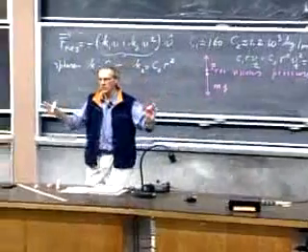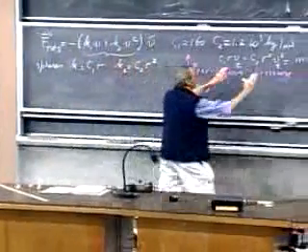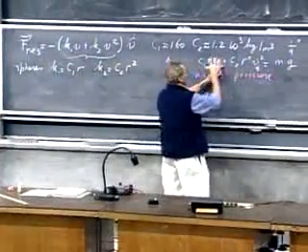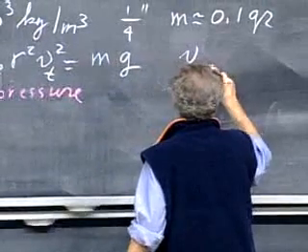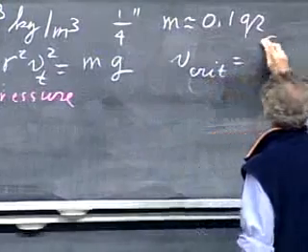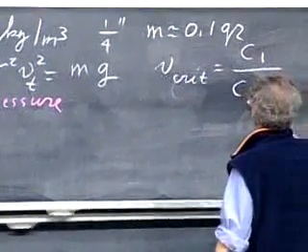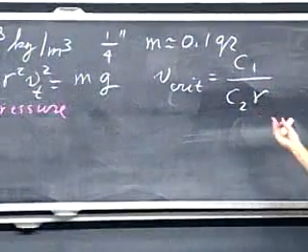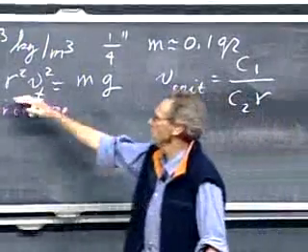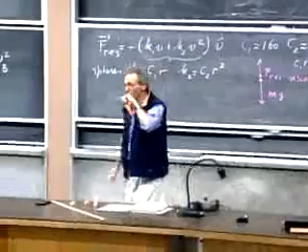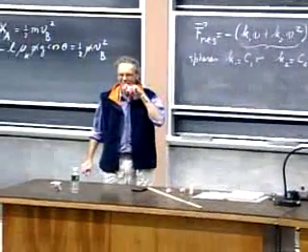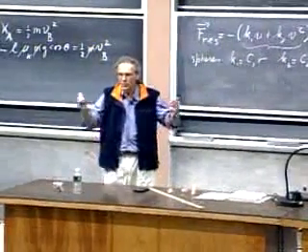For what velocity? So forget for now the t's. We just want to know when this term is the same as this term. That will be the case when the velocity, which we call the critical velocity, equals c1 divided by c2 times r. It's very easy to show that this term is then exactly identical to that one. There's nothing critical about that number. Really, it's a wrong name, critical velocity, but we give it that name.